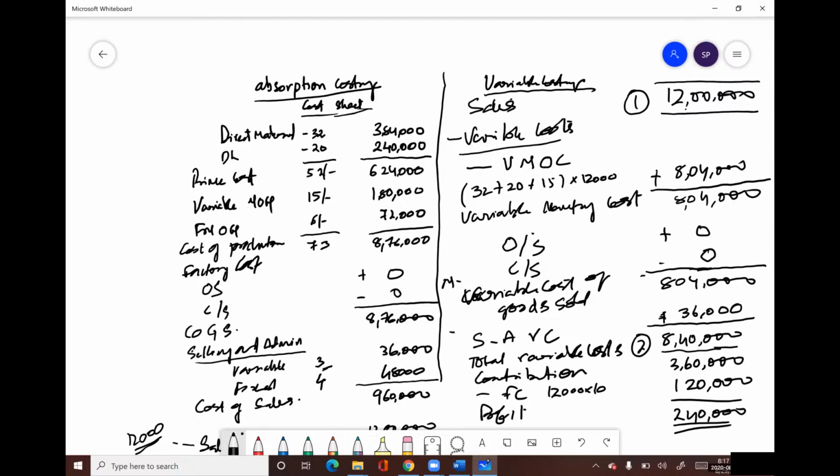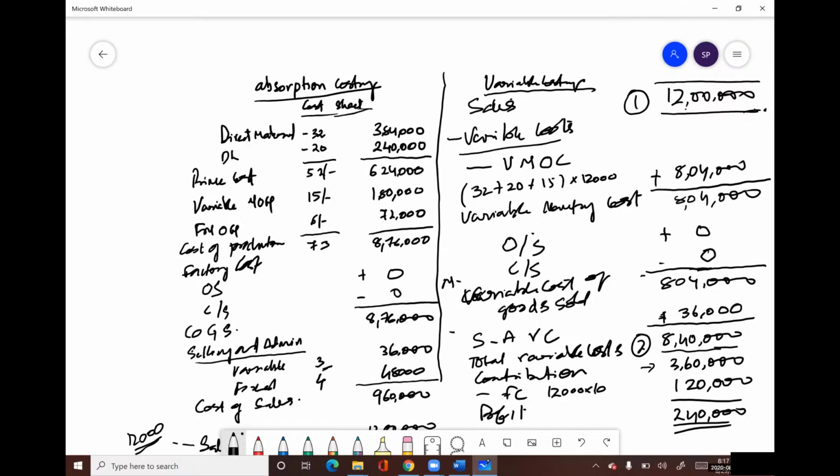So can you explain the last part, sir? 3,60,000, you understood? Up to 8,40,000, okay, I got that. Sales is how much? 12 lakhs. Yes, sir. Sales minus variable cost is what? 3,60,000.